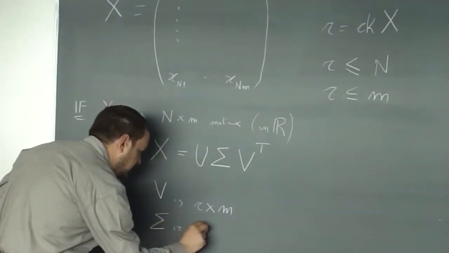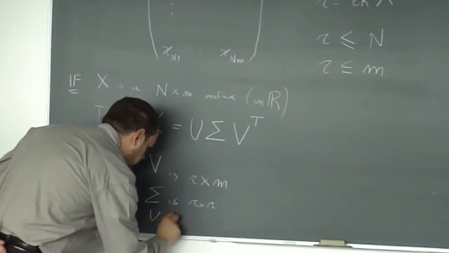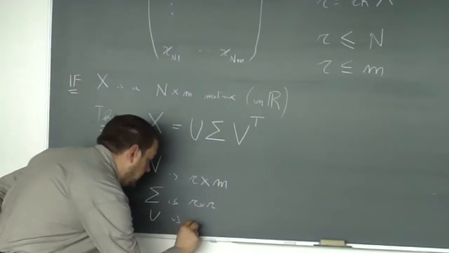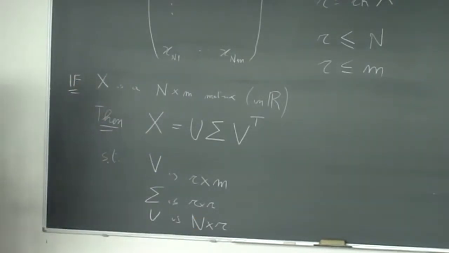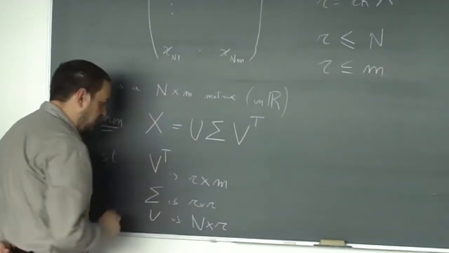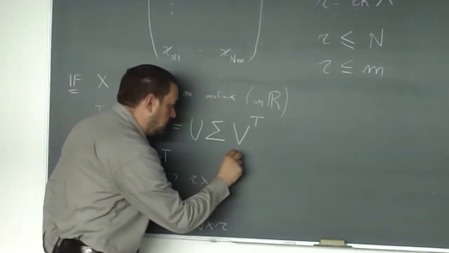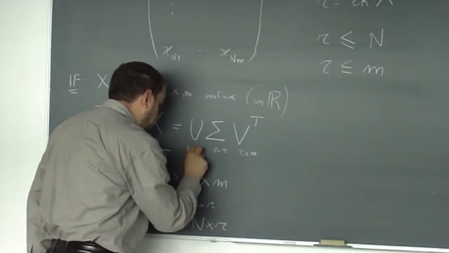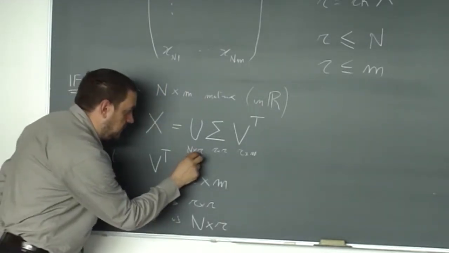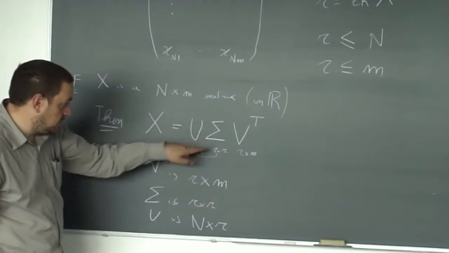Sigma is R by R, and U is, of course, N by R. Sorry, V transpose is R by M. We need to multiply an N by R matrix, an R by R matrix, and an R by M matrix, so that U and sigma can be multiplied because they have the same number of columns and rows.